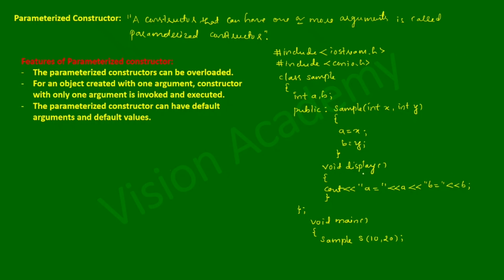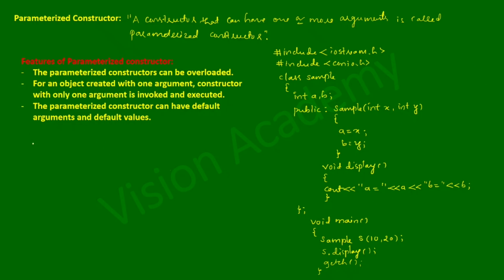Now I'm going to call this particular function explicitly by using this object. I'm going to write ys dot display. Then I'll write getch function, then curly closing brace.